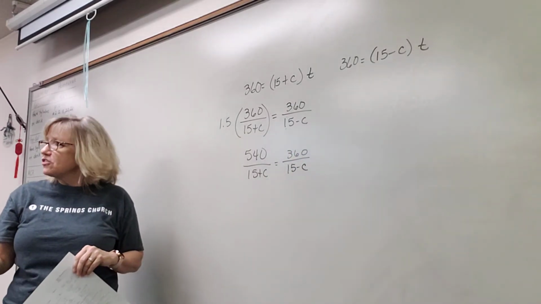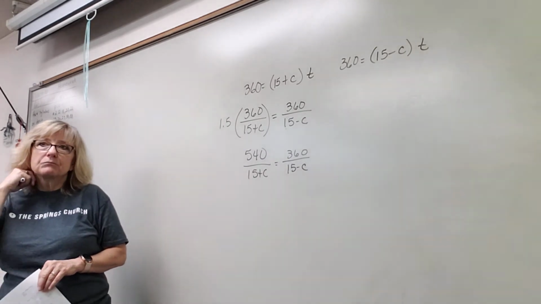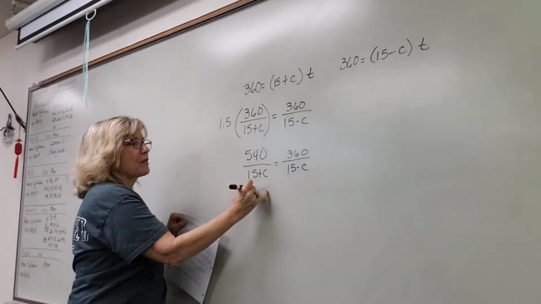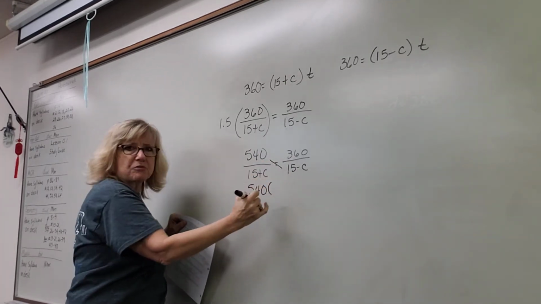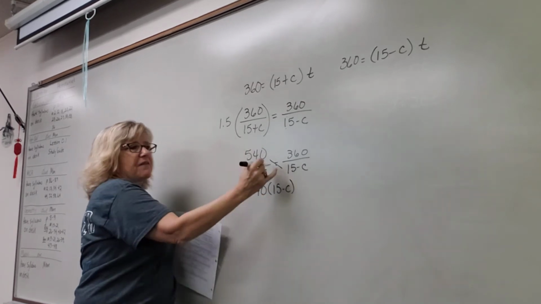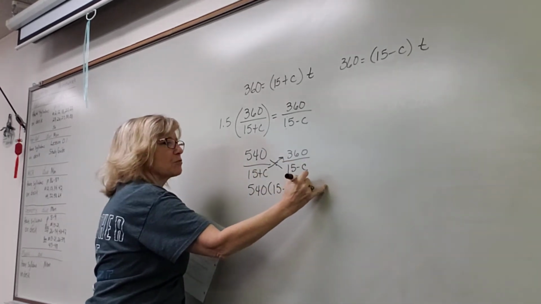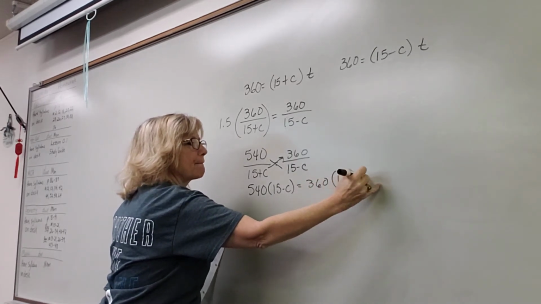Well, if you have ratios, you can cross multiply. So that means this is going to be 540 times 15 minus c. And then multiply here, you're going to end up with 360 times 15 plus c.